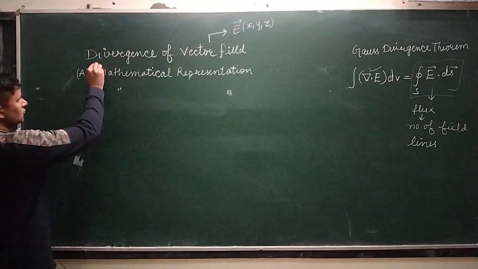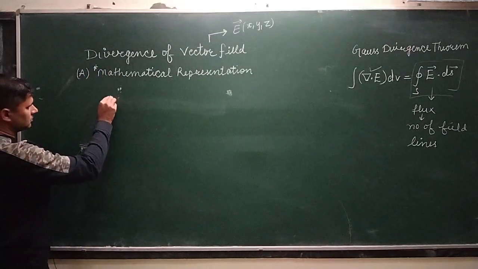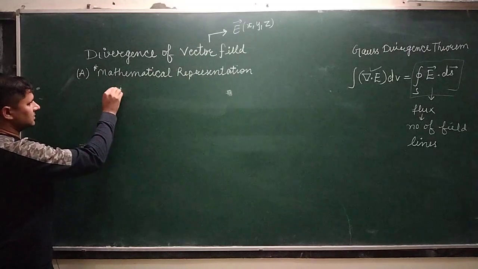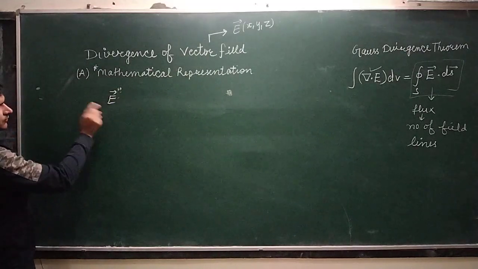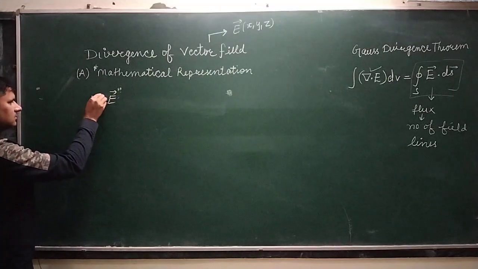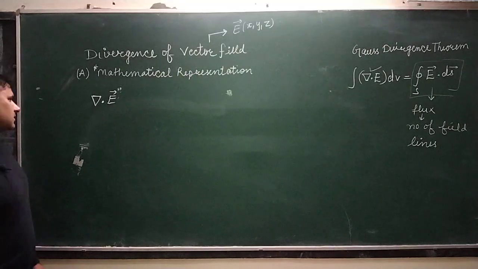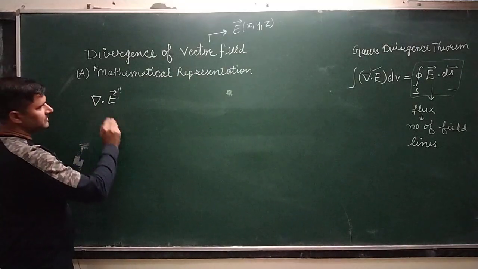Okay, now come to mathematical representation. So if we have electric field E and we are to find its divergence, then we will put the operator del before it and take its dot product with the vector field.